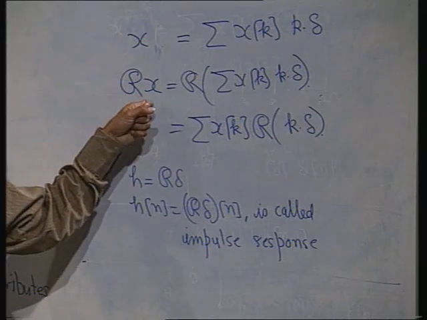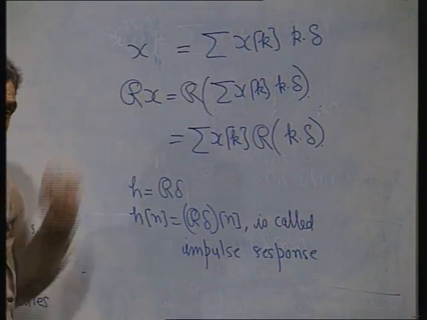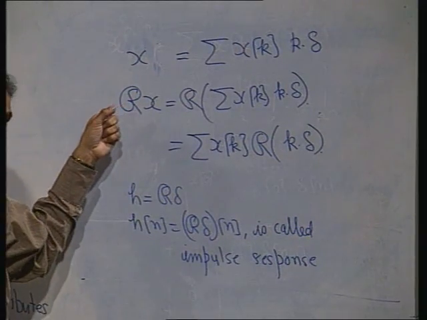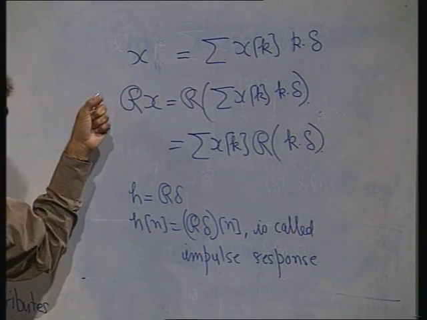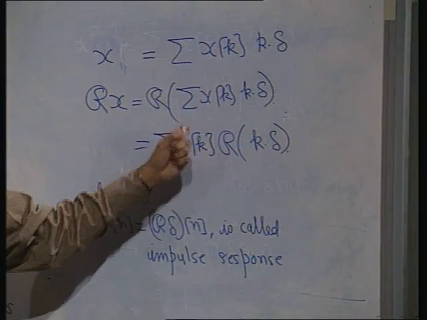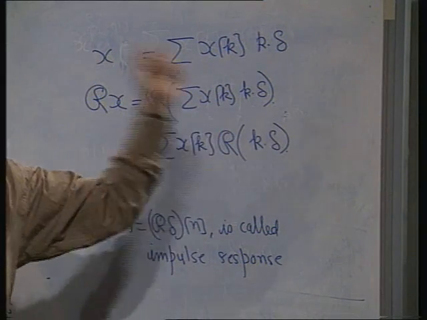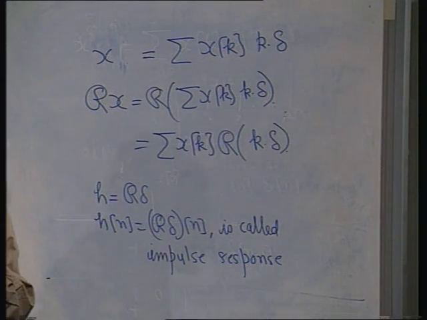Here x was arbitrary, which I expressed in terms of delayed delta. Then I am trying to compute the response of the LTI system to arbitrary x. By bounded linearity, this can be pushed inside. I have to consider what is the response of the system to delayed delta. But the point is, the system is a time invariant system.